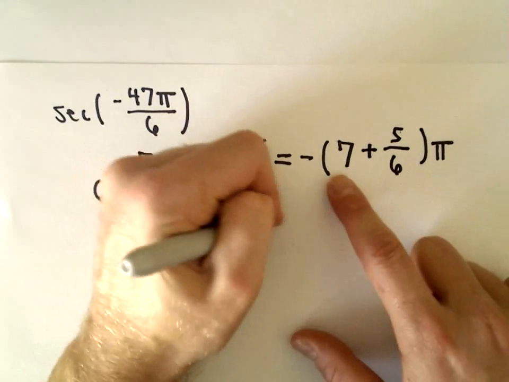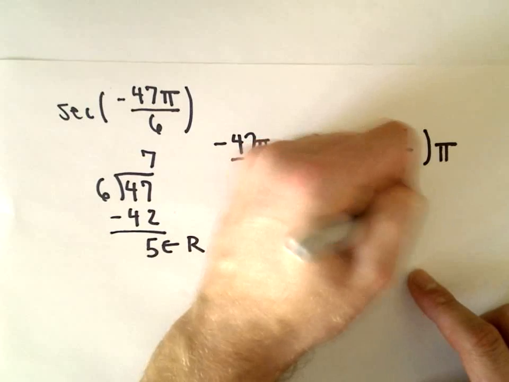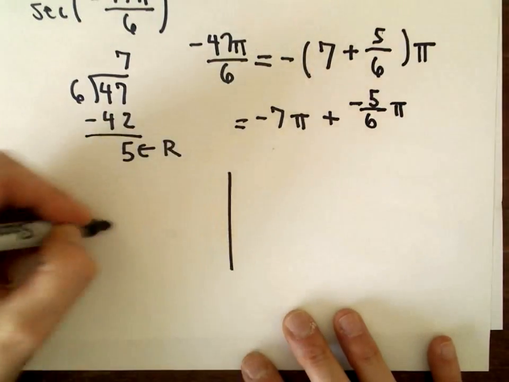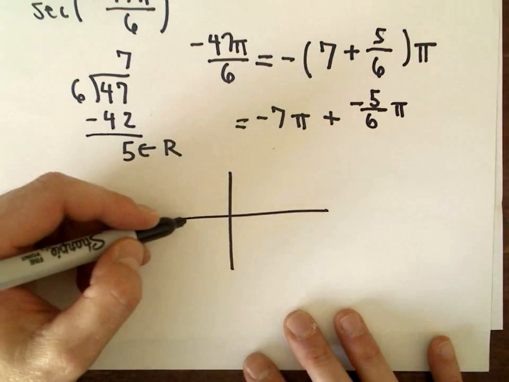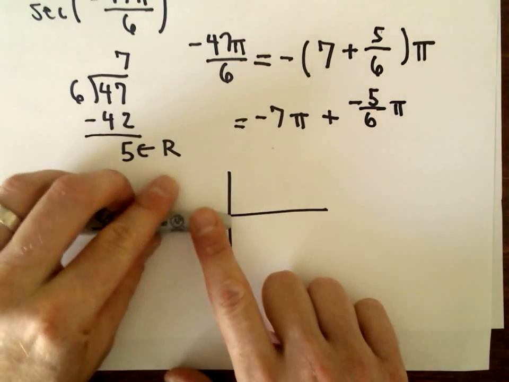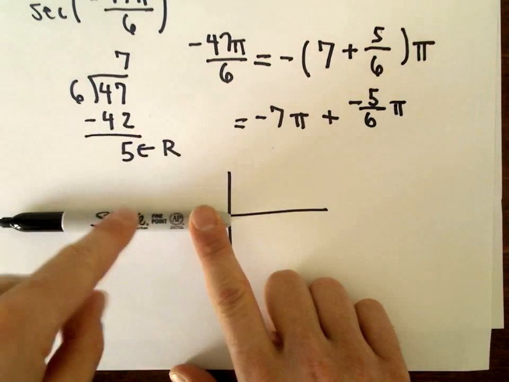If I distribute that, I would get negative 7 pi plus another negative 5 over 6 pi. Just like before, if you go around an odd number of pi's, here's negative 1 pi, negative 3, negative 5, negative 7. I'm going to be sitting right here.